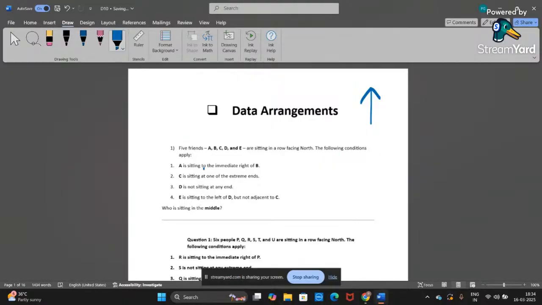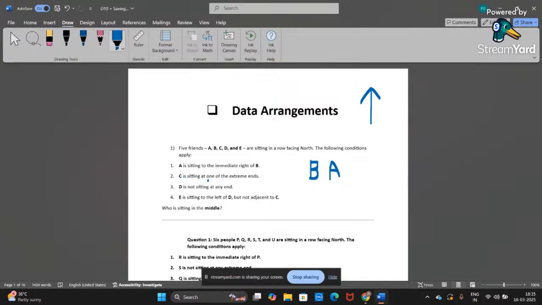The following conditions: A is sitting to the immediate right of B. First we need to write A, then B to A's left. That means A is sitting immediate right of B.